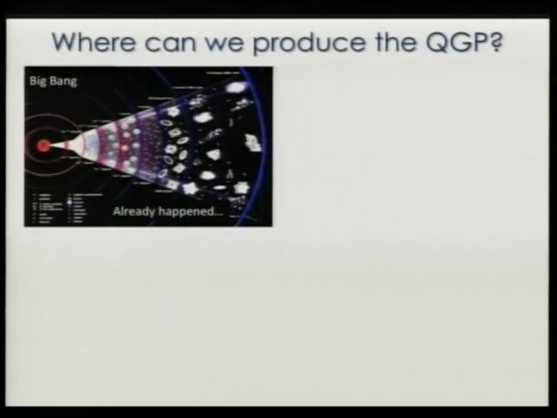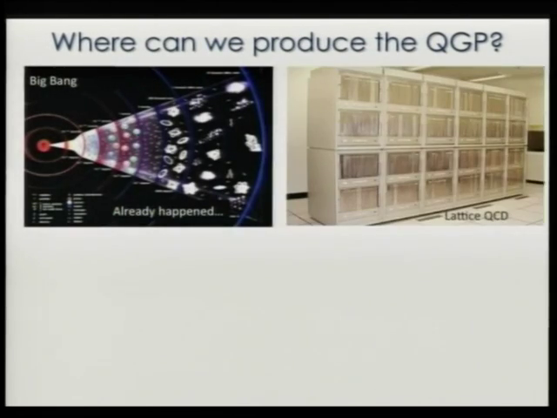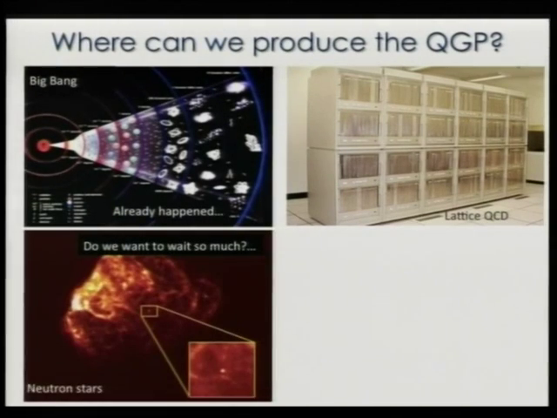Of course in the Big Bang, but this already happened. We can simulate it. It was simulated for a long time on computers. It's called lattice, a technique to study the Quark Gluon Plasma, to study the QCD matter. We can study a neutron star or supernova from this, but this happens only once in a while.